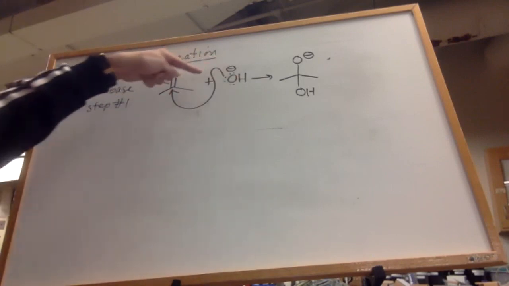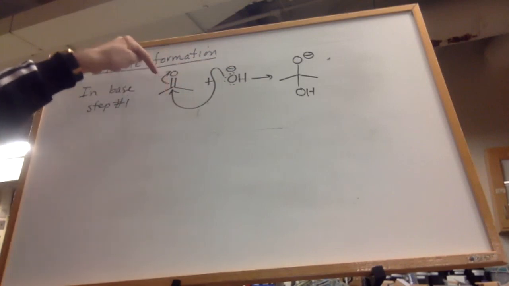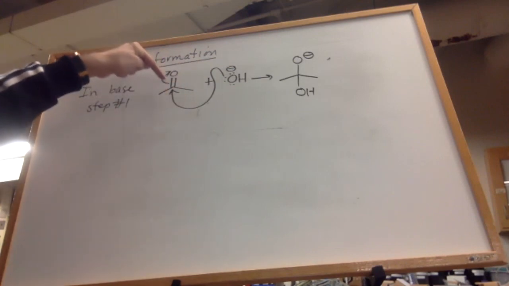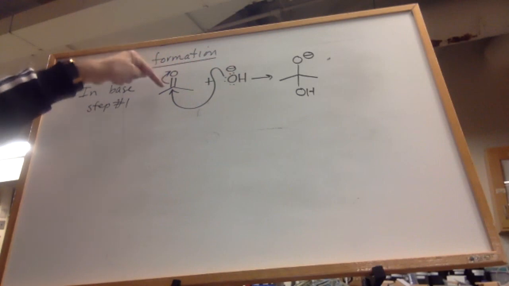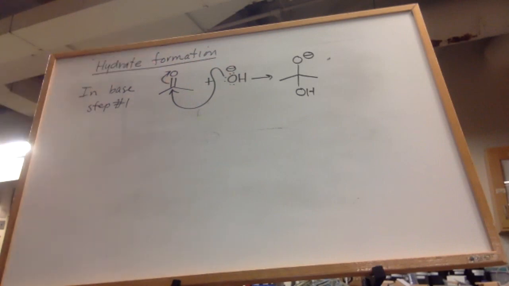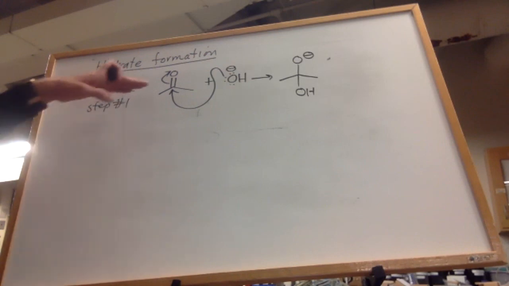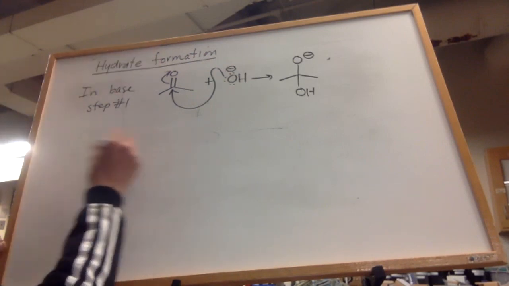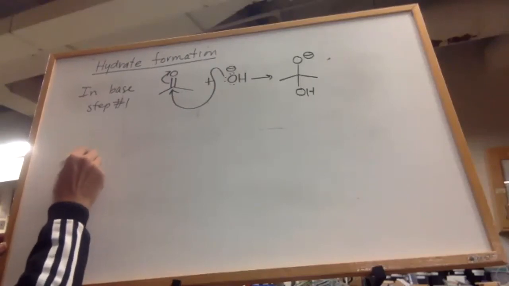So when I bring the OH minus in, I have to chase away one of the bonds of this carbon-oxygen double bond and take those electrons to oxygen. Well, that makes sense, because oxygen is electronegative. Oxygen is greedy for electrons. So if the electrons are going to go anywhere, they're going to go to the oxygen atom. Okay, step two, final step.